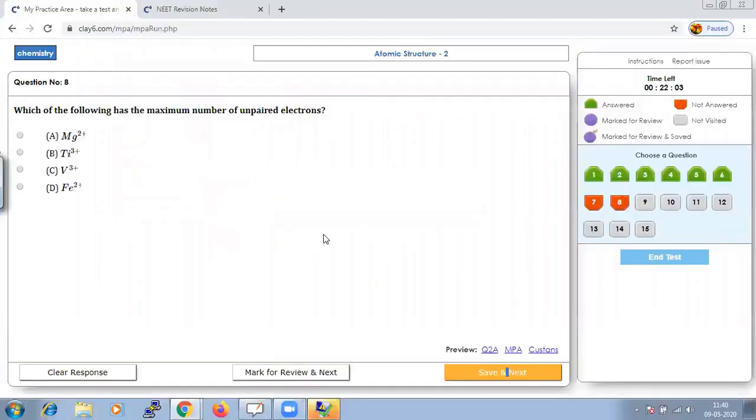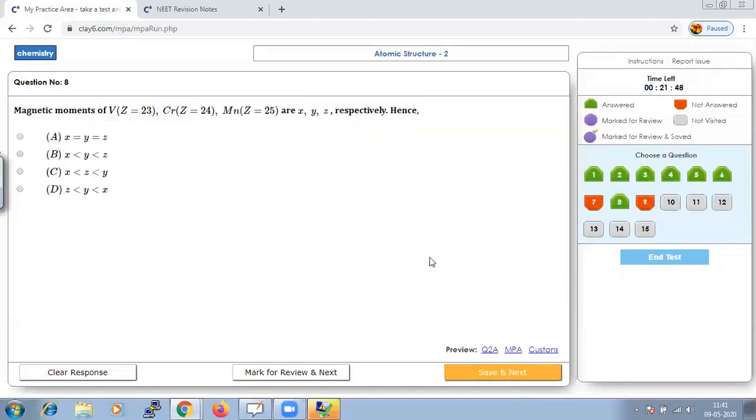So among the given options, they have asked which has the maximum number of unpaired electrons. That means the maximum number of unpaired electrons is present in iron. Let us save that and go to next question.